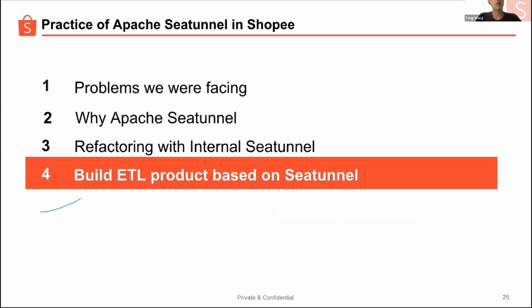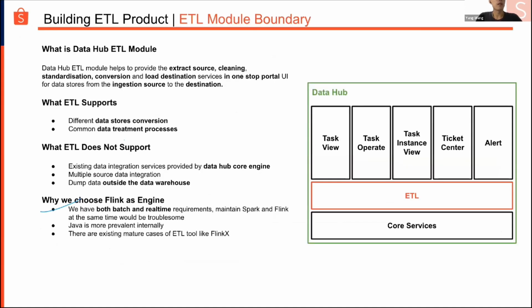Finally, let's see how a brand new feature is created from scratch based on SeaTunnel. Basically, apart from tools we've already provided in DataHub for standardized data sources, the ETL module aims at non-standardized data ingestion and data transformation between data existing in warehouse.